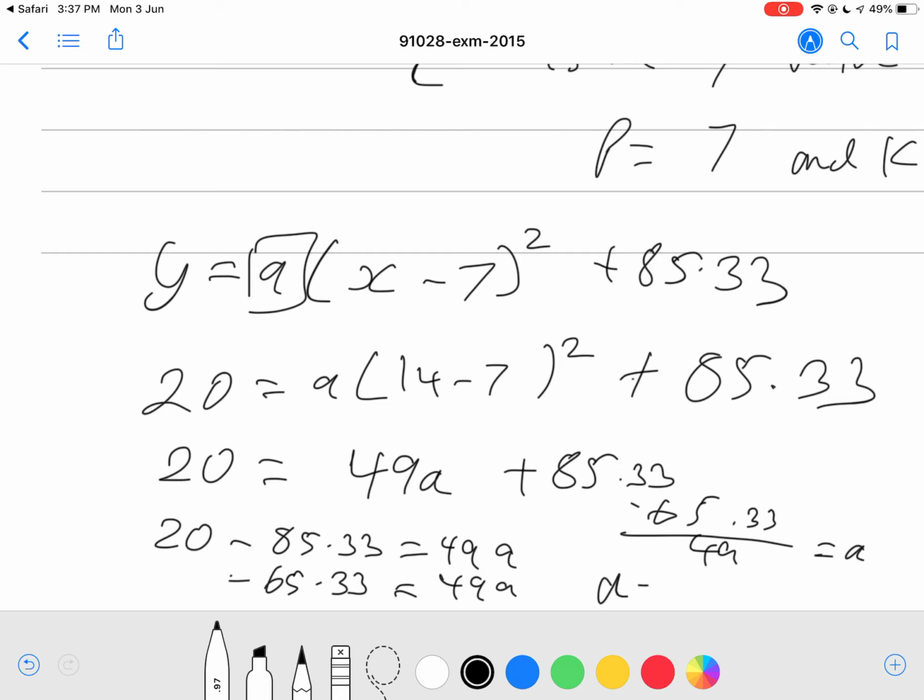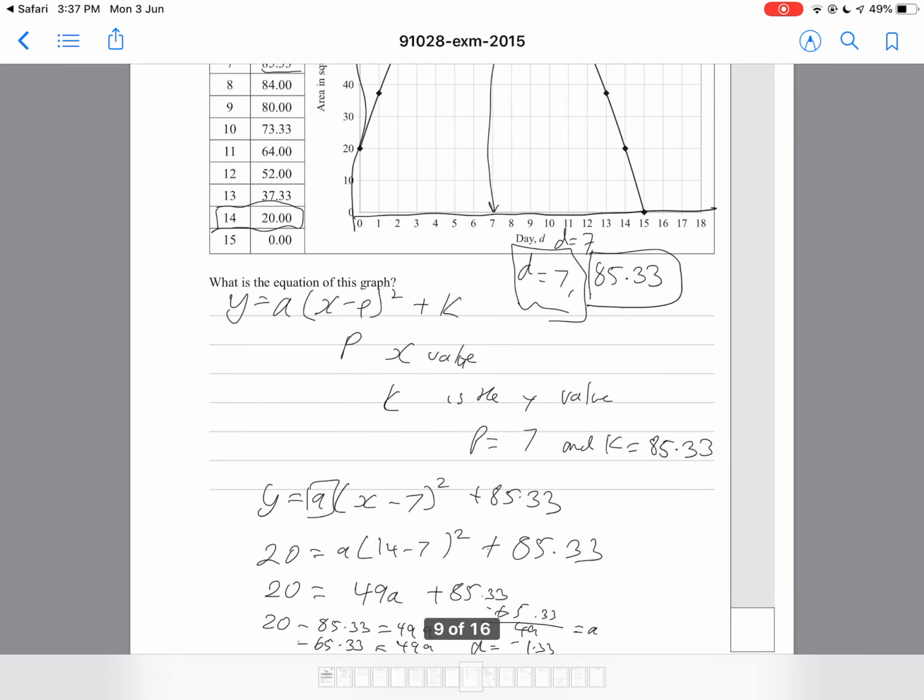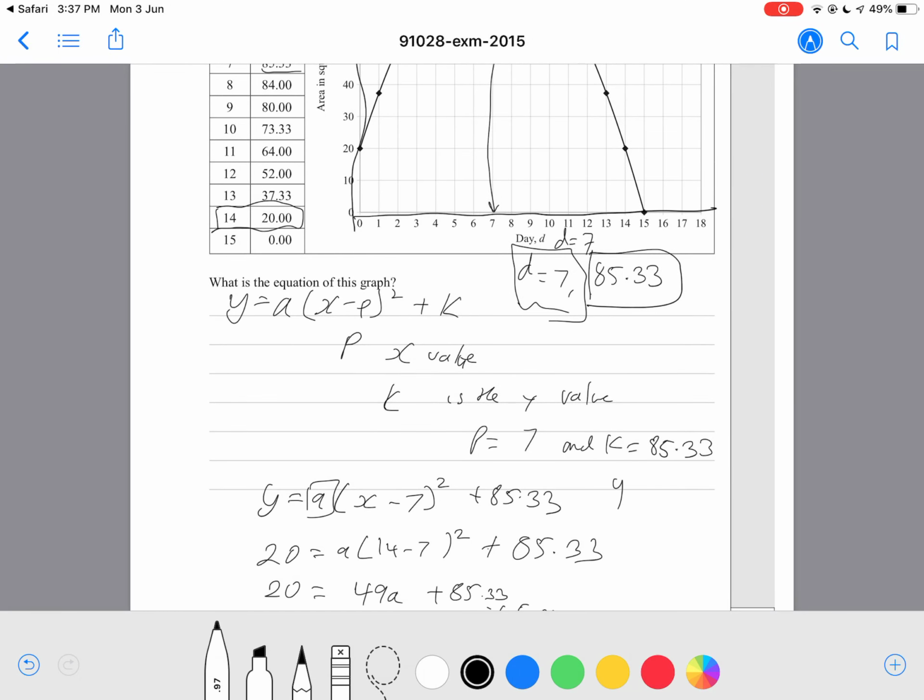That should give us a equals negative 1.33. So our final equation would be y equals negative 1.33(x minus 7) squared plus 85.33.